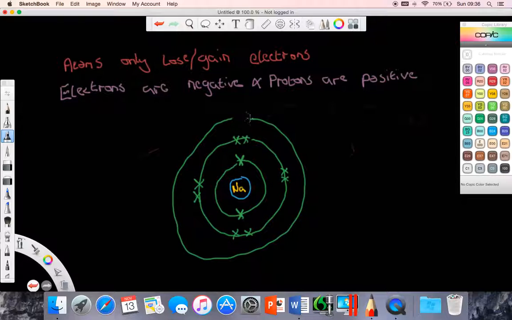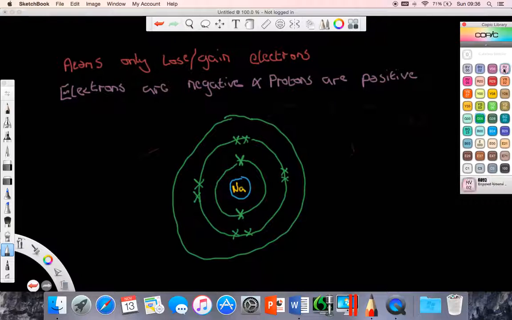Okay, and that's exactly what it does. It'll lose this electron, and then, as a result, its next shell, this shell here, is complete. It has 8. Okay? Now, sodium has lost its 1 electron from its outer shell to complete its outermost shell. The second shell has 8. However, we have a problem.